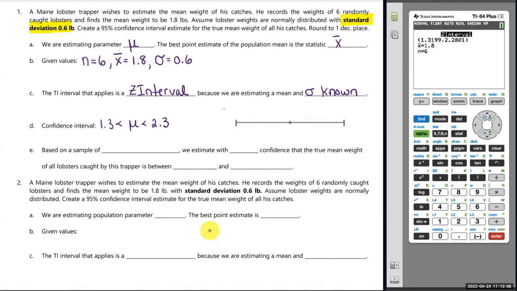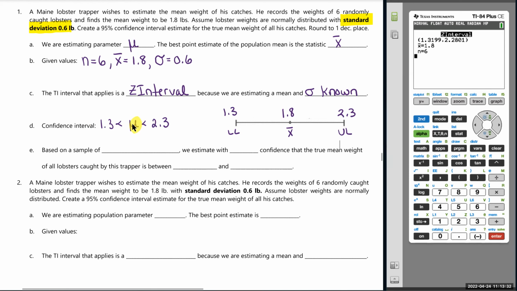I'm going to draw the picture here. Our lower limit, our upper limit, and our point estimate. There's our sample mean, our lower limit, and our upper limit. The interval is based on knowing x bar, but our answer is what we think mu is. Mu is what we're trying to estimate.